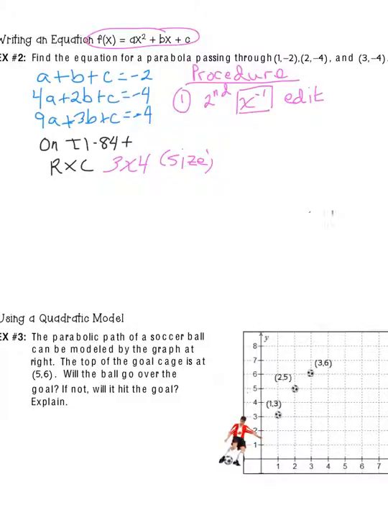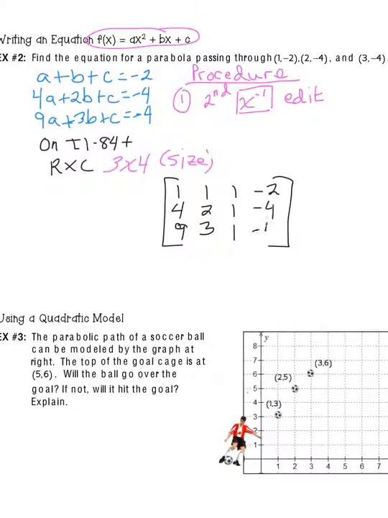So we're still under procedure 1, but your matrix is going to look like 1, 1, 1, negative 2. That's your first row. The second row is 4, 2, 1, negative 4. Your third row is 9, that's a 9, 3, 1, negative 4.